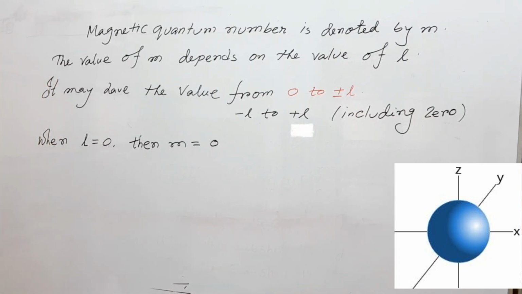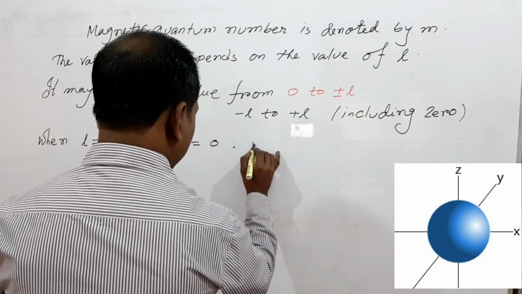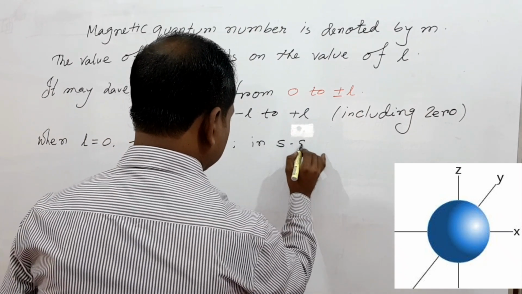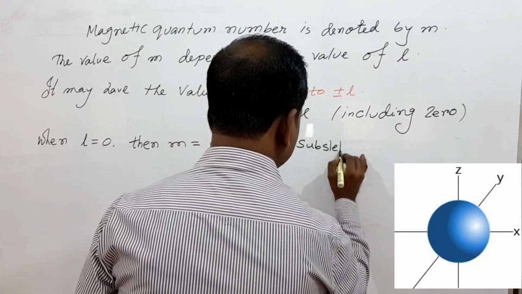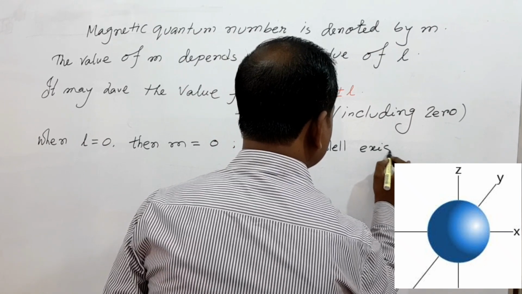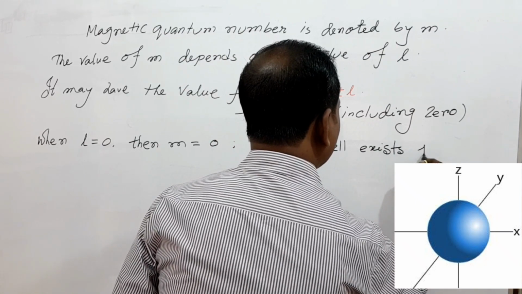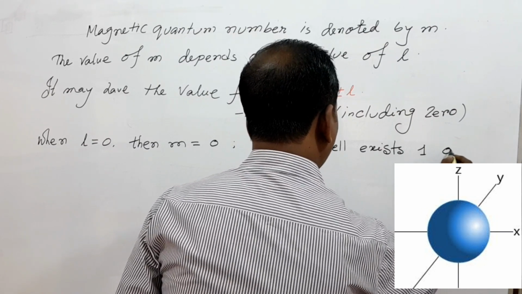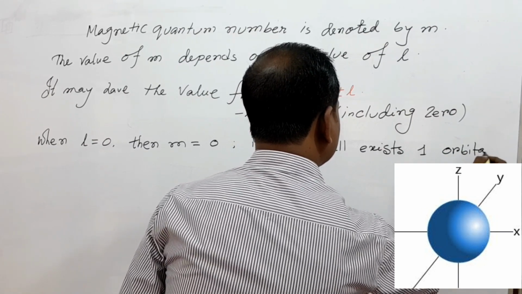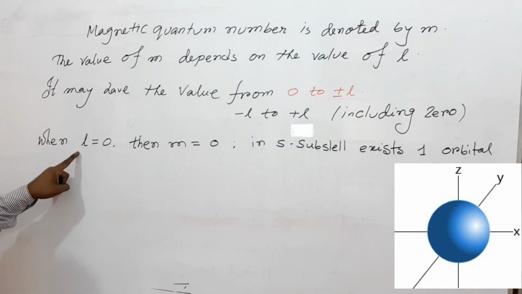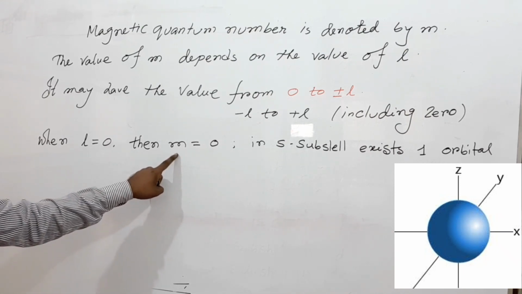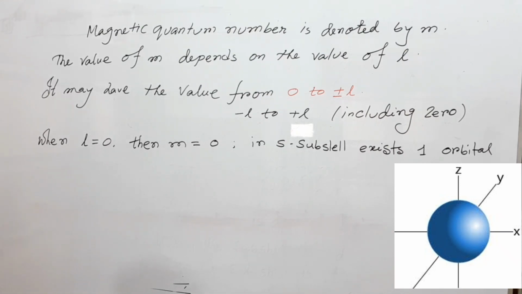That means in S subshell exists one orbital. That means when L equal to 0, then M equal to 0, and in S subshell exists one orbital.